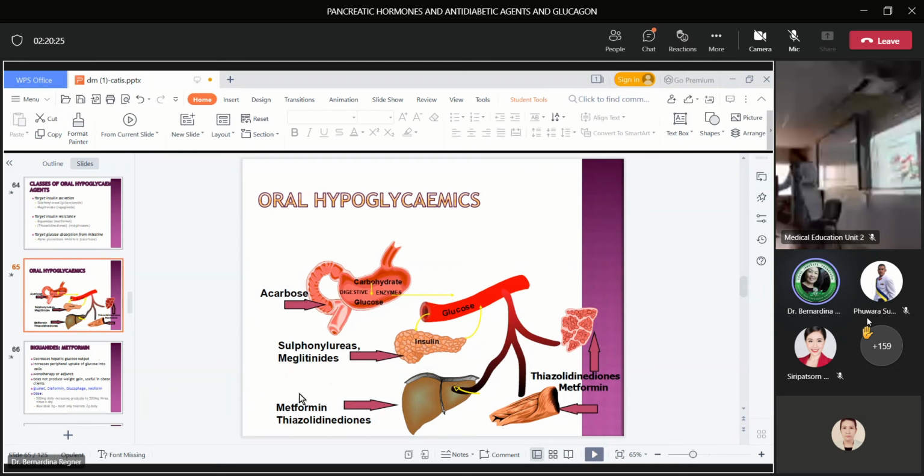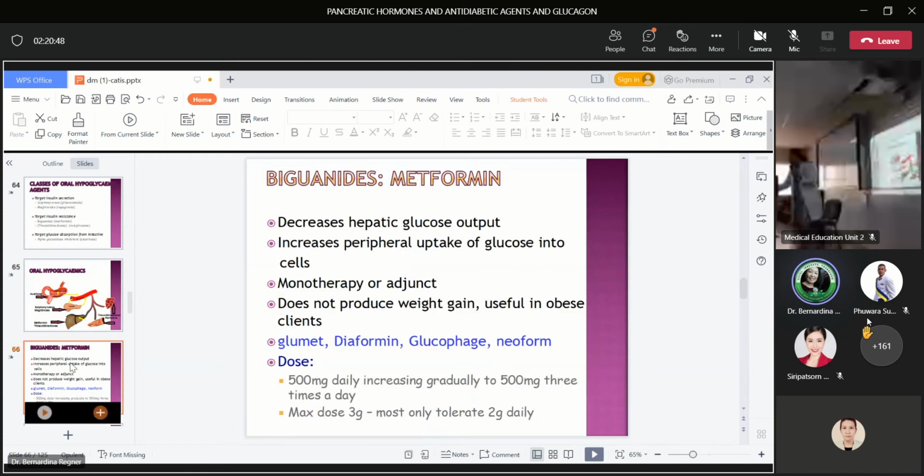You have your metformin and thiazolidinediones, which will decrease resistance to insulin in the liver, in the fat cells, and in the muscles. And you have your thiazolidinediones and metformin in the muscle cells. Okay, so let's first go to the biguanides or metformin.